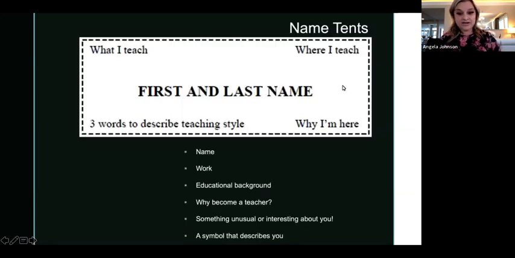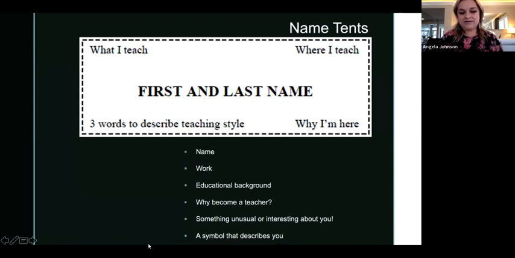One activity that I usually do with my students is a name tent, okay? I would have you do first and last name in the middle, what you teach, where you teach, three things that describe your teaching, and why you're here right now. And then you could tell me your name, where you work, your educational background, where you studied, where you're from, why you want to become a teacher, why you're a teacher already, what influenced you, right?